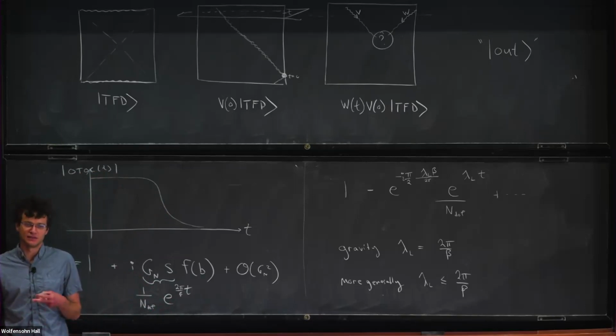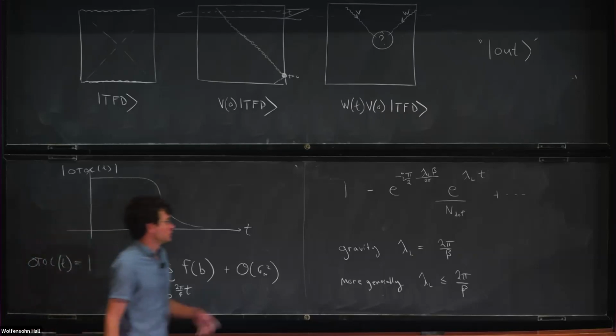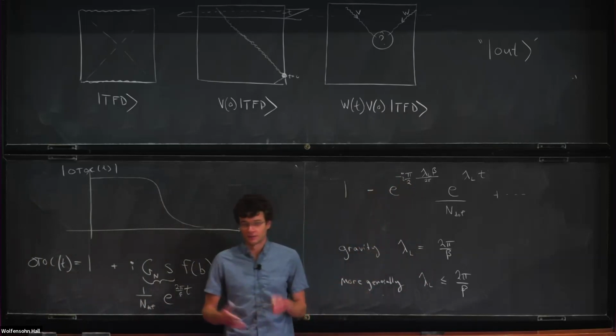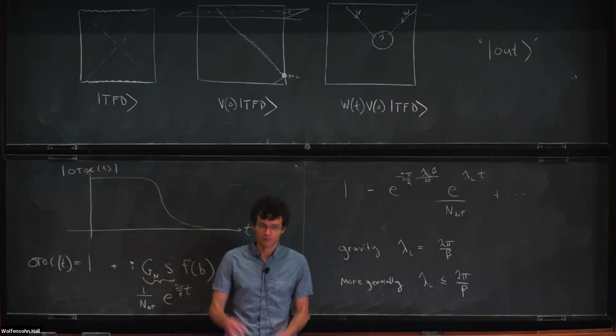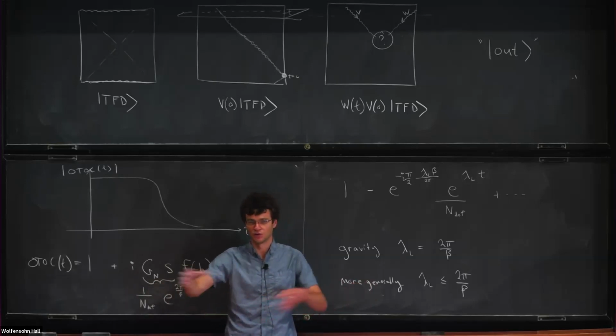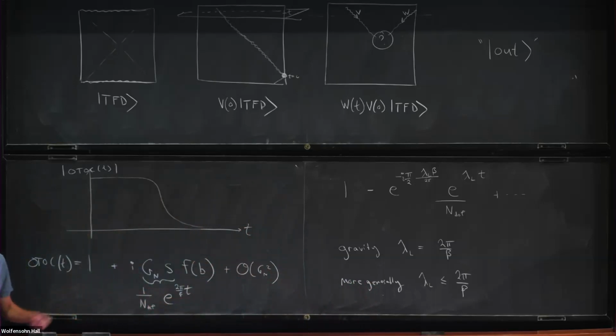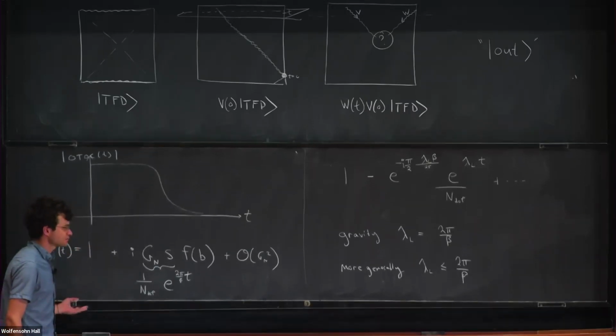Whereas in a more generic chaotic system, where we have a lambda less than 2 pi over beta, the real part of this thing represents some kind of incoherent effect, like a probability for some scrambling to happen, a probability that the operator has grown to some size. Whereas this i here is like some kind of coherent propagation. But I think it's safe to say that even Kitaev did not really get to the bottom of this, and there's more probably to be said about that issue.